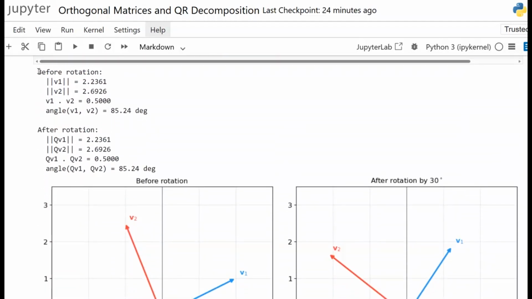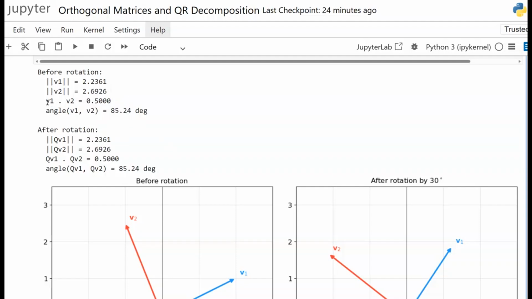And dear friends, kindly observe the exact values of norm V1 and V2 before rotation, and yes, they are 2.2361 and 2.6926. And after rotation also, norm QV1 and norm QV2, kindly observe the value remains unchanged.